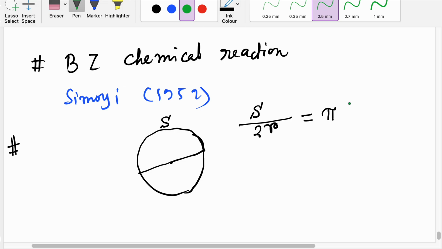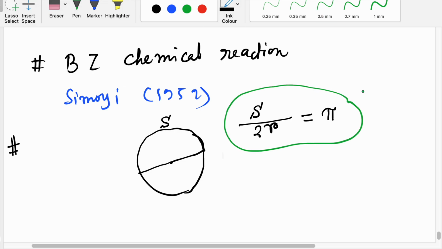So this is the signature of a circle, and it is universal for any circle. Similarly, in today's class we are going to see whether there is an irrational number related to period doubling bifurcation which bears its signature.